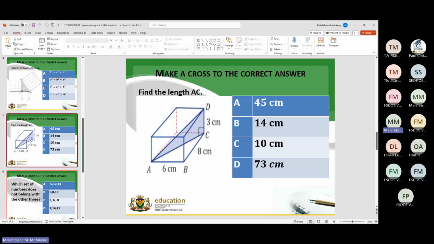What is the correct answer? Then the correct answer is C, 10 centimeters.